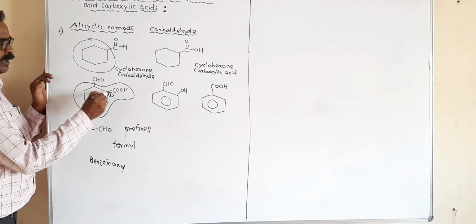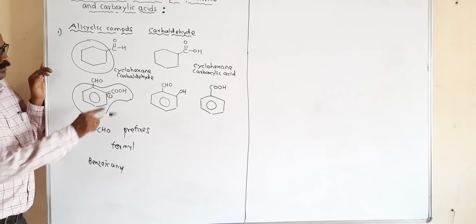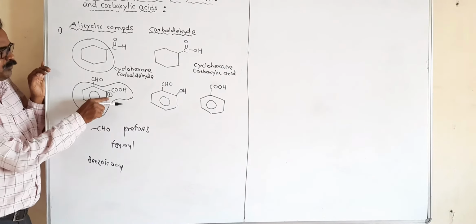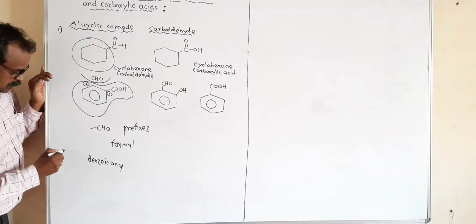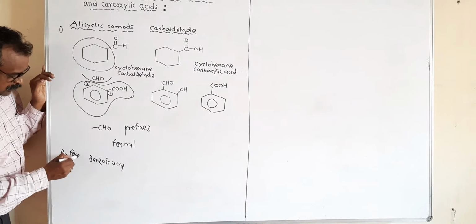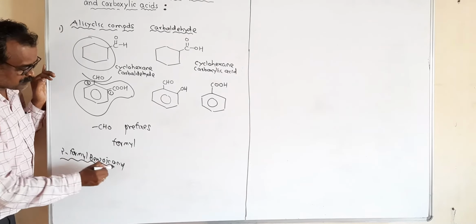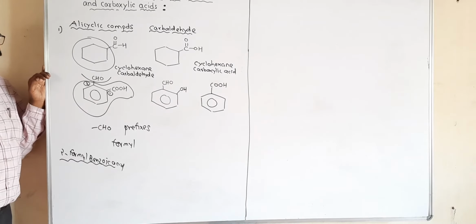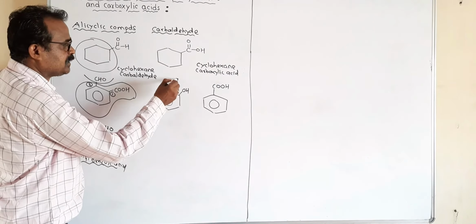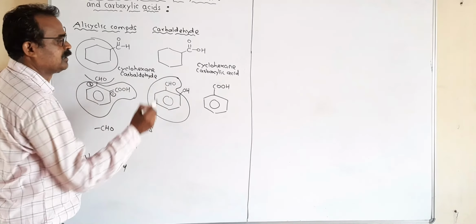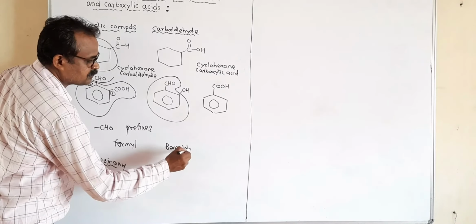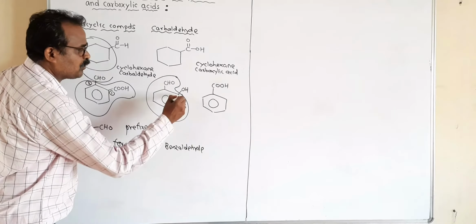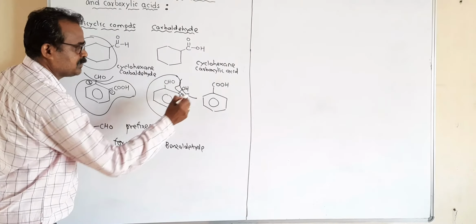And the carbon of the ring bearing the carboxyl group is 1. So the aldehyde substituent is on 2. Therefore this is called 2-formylbenzoic acid. If you consider this structure, again the parent compound is benzaldehyde and the hydroxyl group is present on the second carbon.